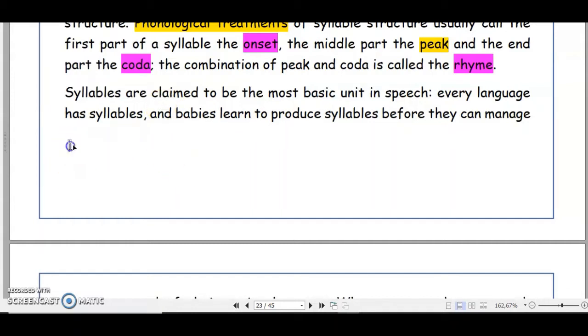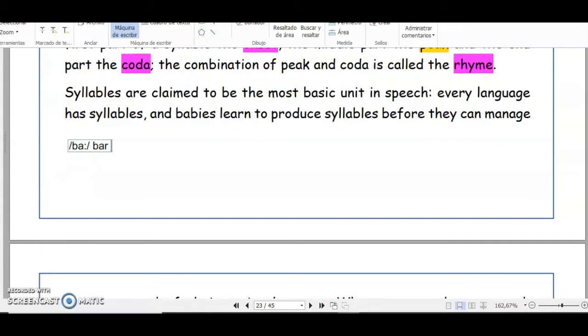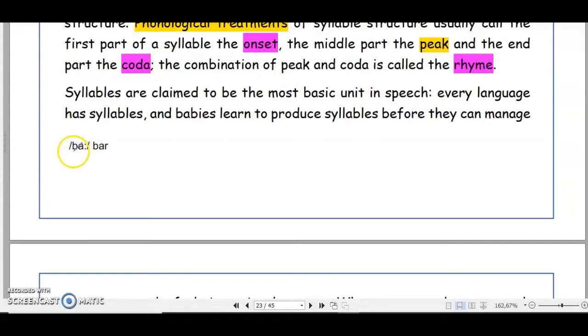In a word such as bar, you have in this case two components. You have the onset, the B is the onset, and the vowel is the peak.